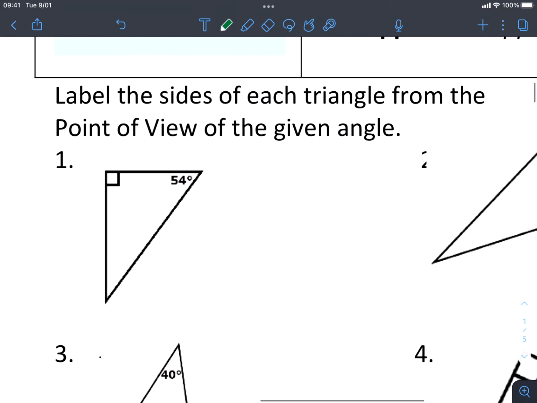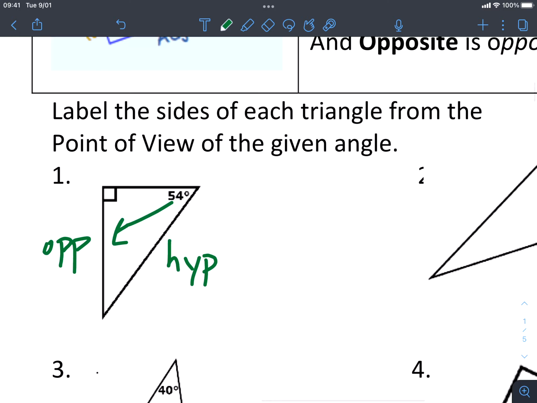So if I'm given this labeled angle here, 54, I know already that my diagonal is my hypotenuse, and I know my opposite is the one that's opposite of the angle. So we can label it OPP. And my adjacent side is the one that's sitting next to the angle.